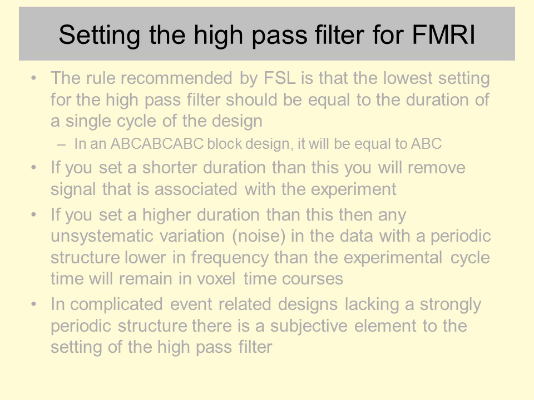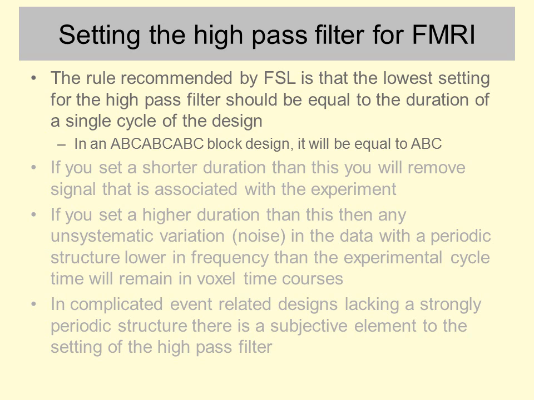So setting the high pass filter for fMRI. FSL recommend that the lowest setting for the high pass filter should be equal to the duration of a single cycle of the design. So if you have a block design of the type ABC, ABC, ABC, it would be equal to ABC.